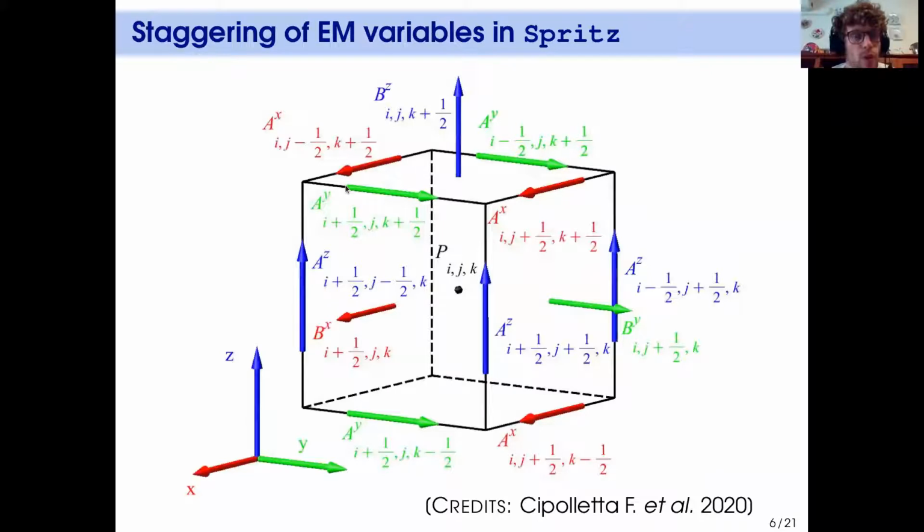As I mentioned before, in Spritz the electromagnetic variables are staggered. This means that at the center of the numerical cell we have the hydro and the metric variables, while the magnetic field lives at the faces of the cell, the vector potential lives at the edges, and the scalar potential is at the vertices of the numerical cell.